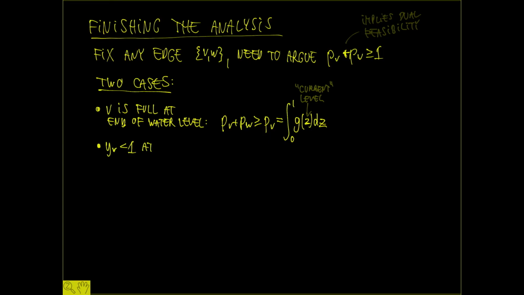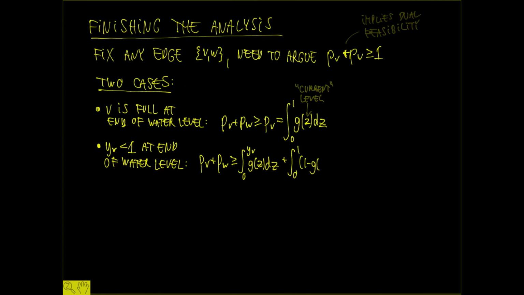In the case where the vertex v is not full, so that is, yv is strictly less than 1 at the end of the water level algorithm, we give a slightly more complicated bound. So first of all, we integrate up to yv, so that's the contribution to pv, which gives us the exact value of pv.